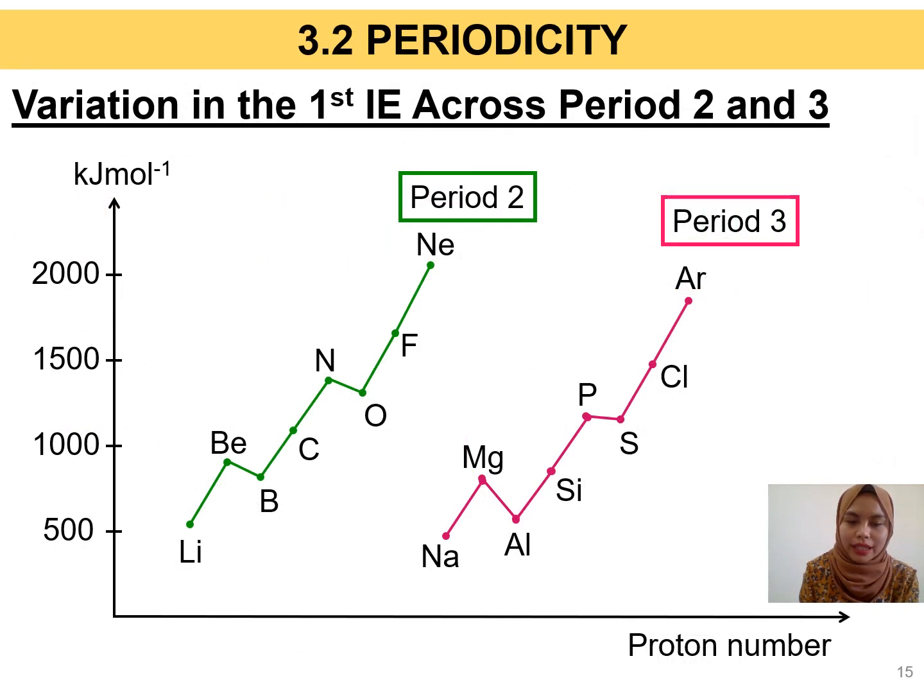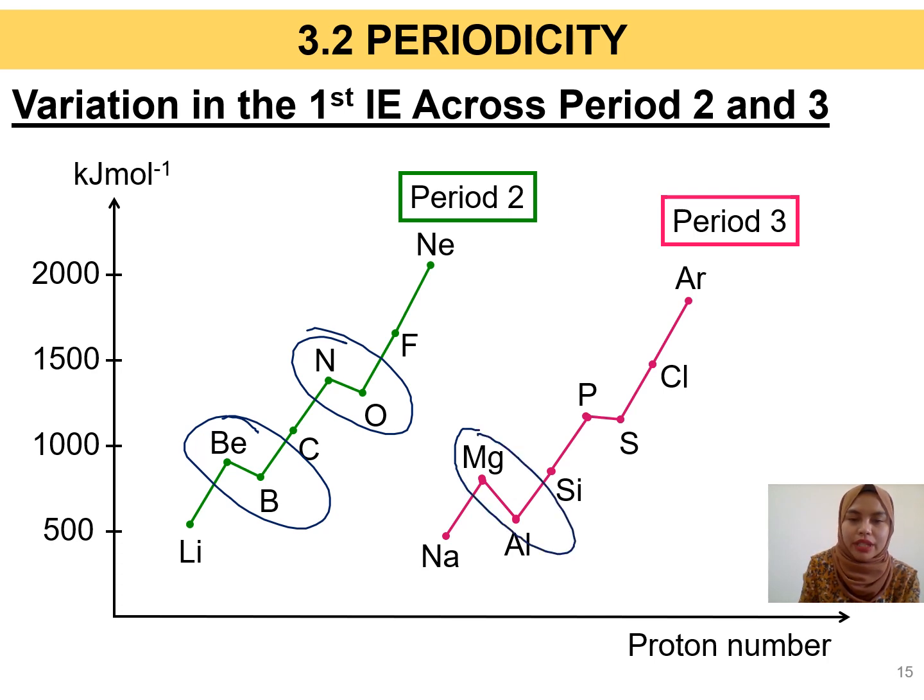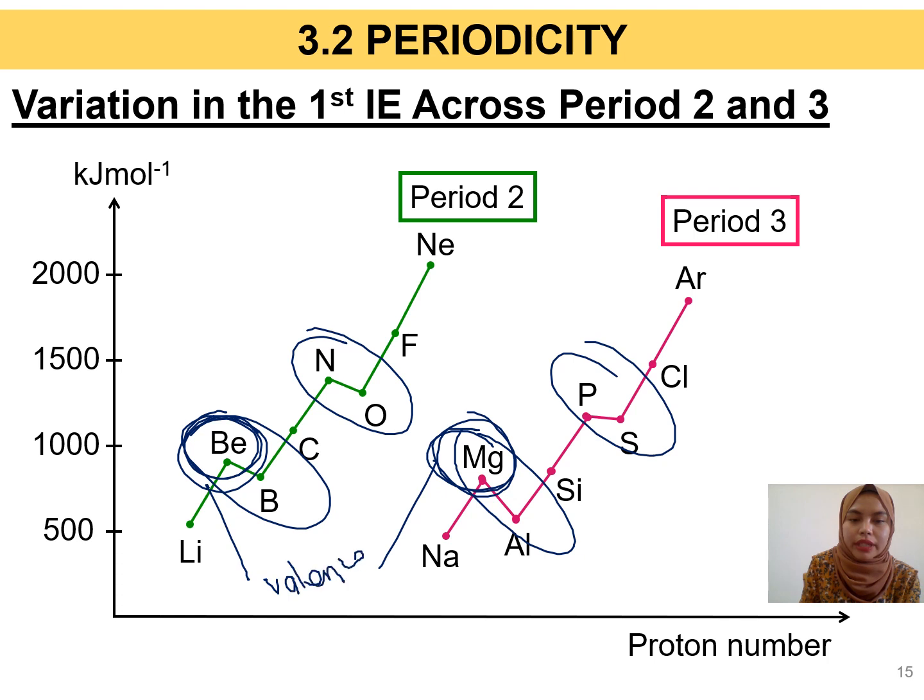So basically, if you look at period 2, there are anomalies between Be and B, N and O. Period 3 has anomalies between Mg and Al and also P and S. Okay, so why is Be higher than B and why is Mg higher than Al? Because their valence orbital is completely filled.